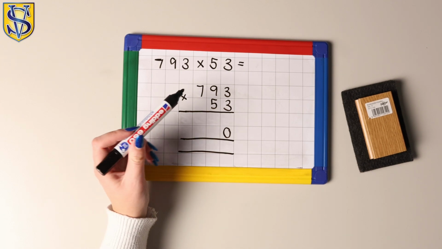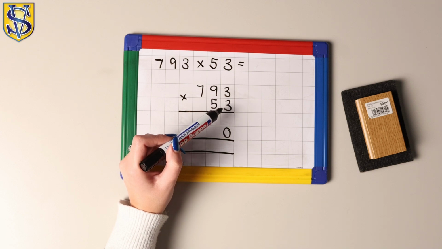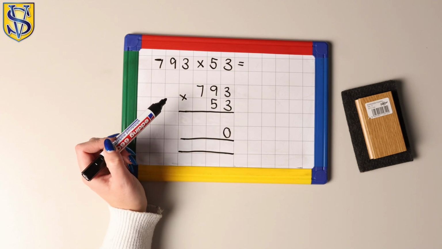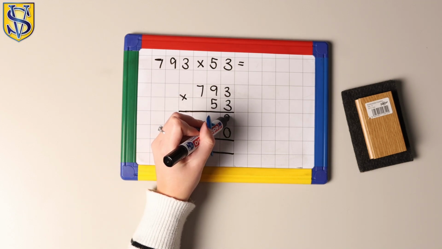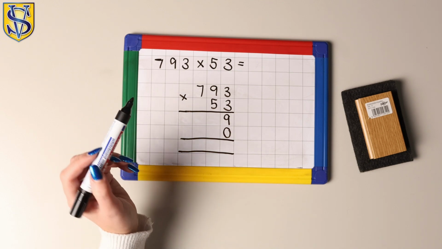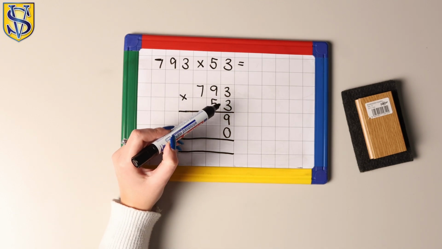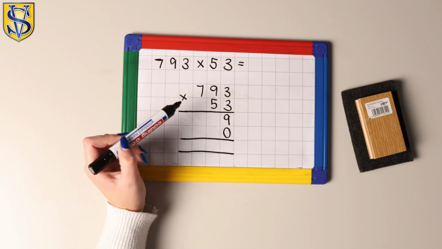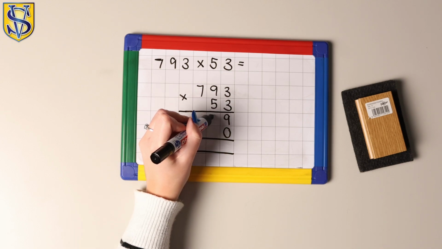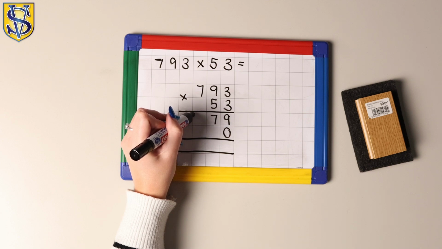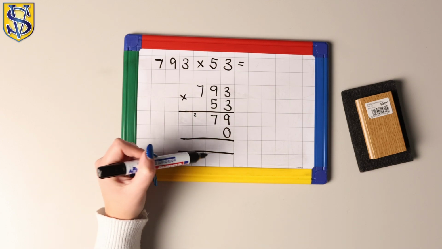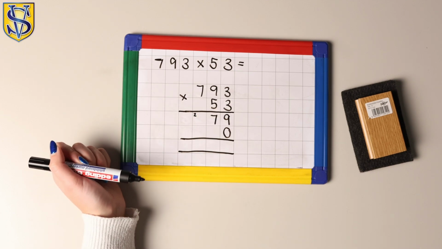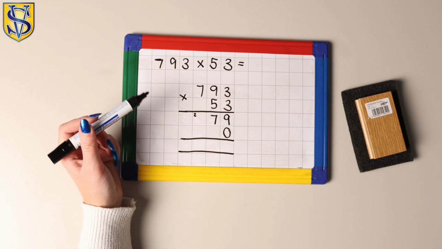So we're going to start off with, same as before, 3 multiplied by 3 is going to be 9. And then the next one is 3 times 9, or 9 times 3 is 27. And then in this case, I'm just going to carry the 2 here so it doesn't get confused with the next question I'm going to do afterwards.